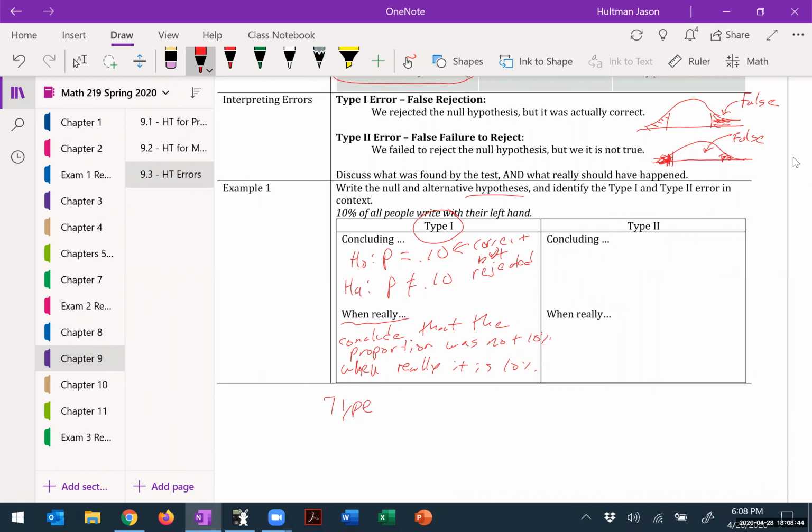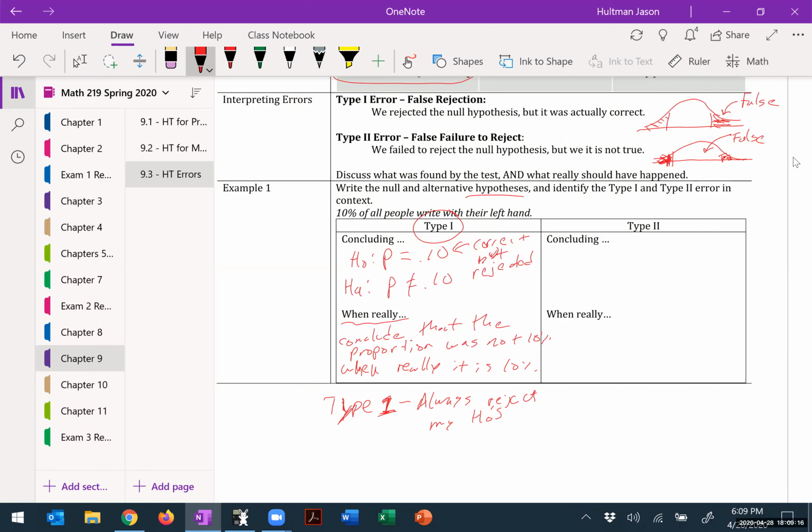For me, type 1 error is the easiest one to remember. If I can remember type 1, then I just know that type 2 is the opposite. How I remember it is a little tongue-in-cheek: I always reject my hoes.